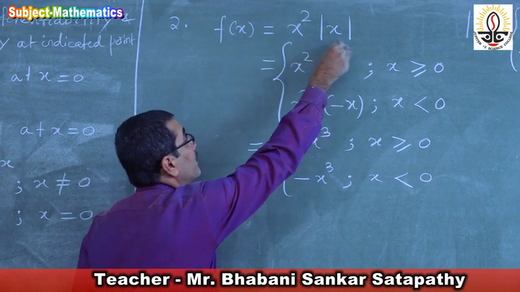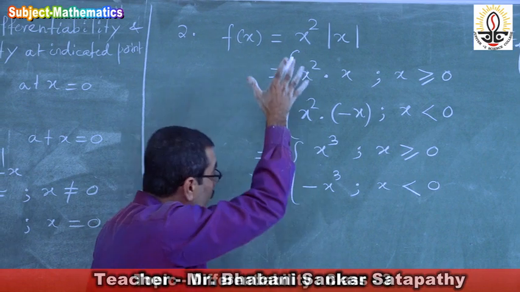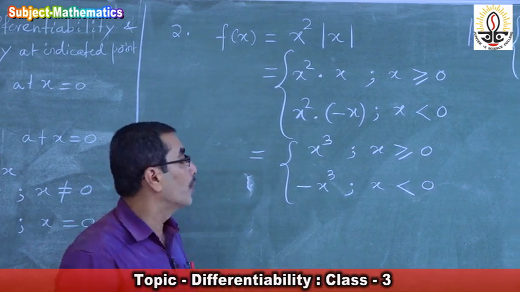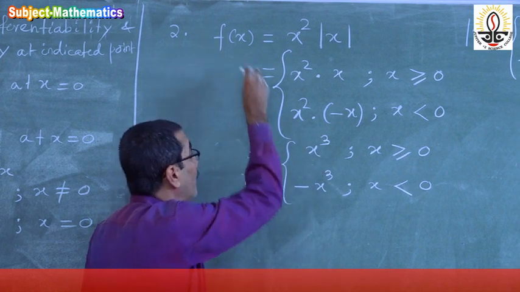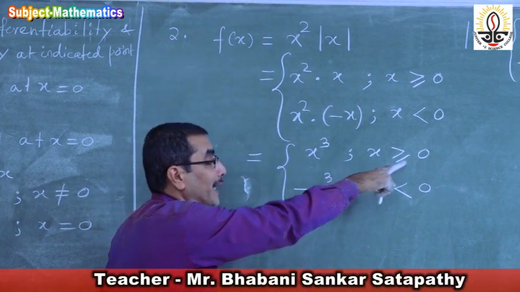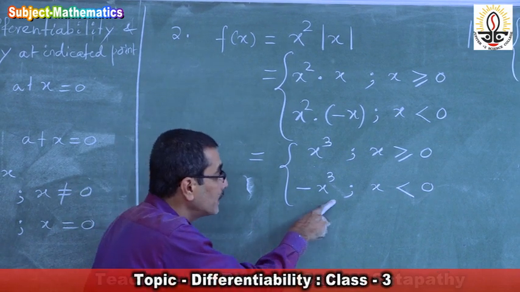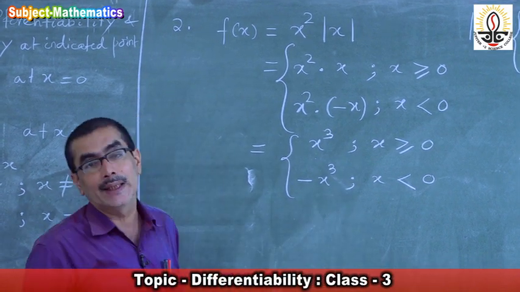In this way the question is asked, and you simplify it using the definition of the modulus function. So f of x is equal to x cube when x is greater than or equal to 0, and f of x is equal to minus x cube when x is less than 0.